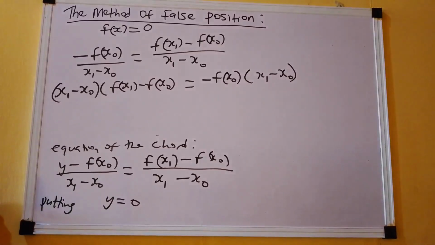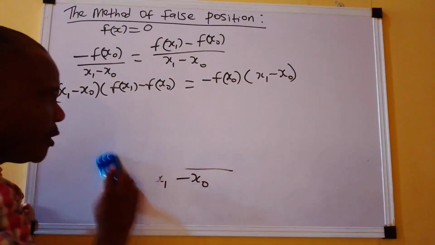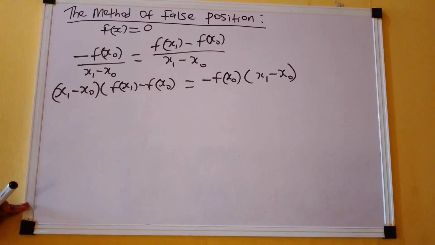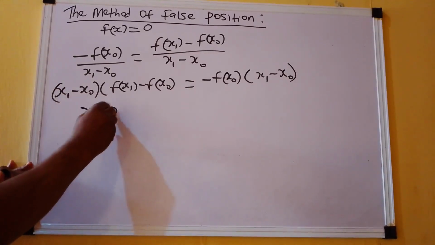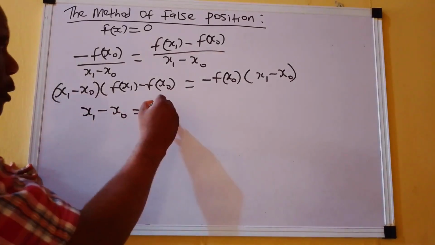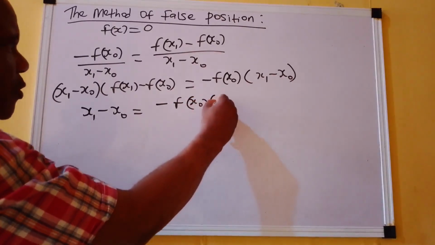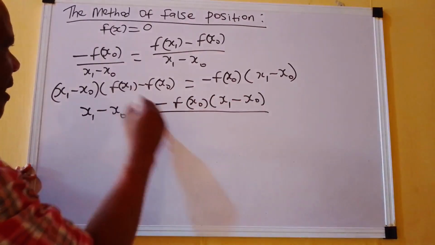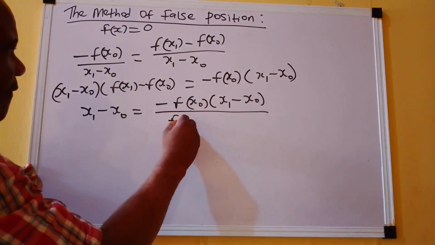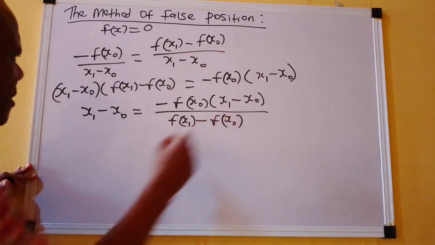So doing this, it then means that we are now going to have our (x1 minus x0) equal to minus f of x0 into (x1 minus x0) all over f of x1 minus f of x0.